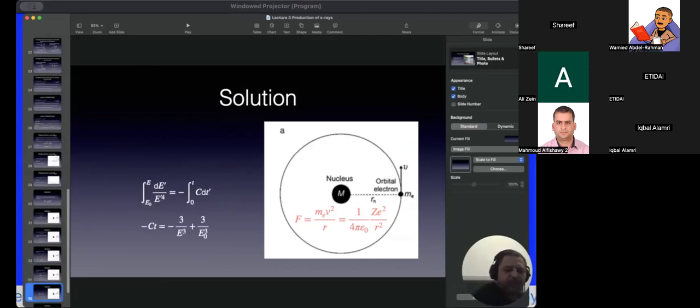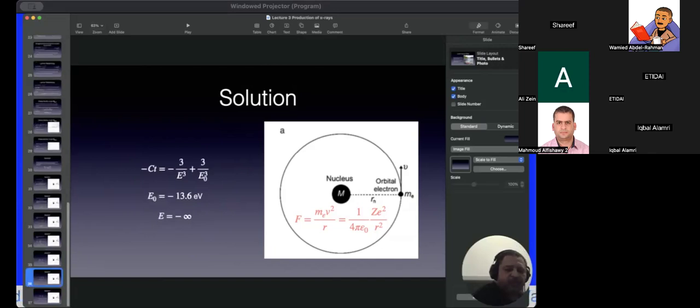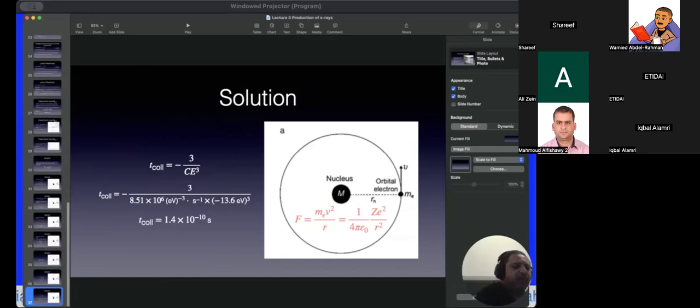We evaluate with these limits, from initial energy equal to minus 13.6 to final energy equal to minus infinity. At the end, this is the time for the collision of this electron, and it is going to be about 1.4 times 10 to the power minus 10 seconds.